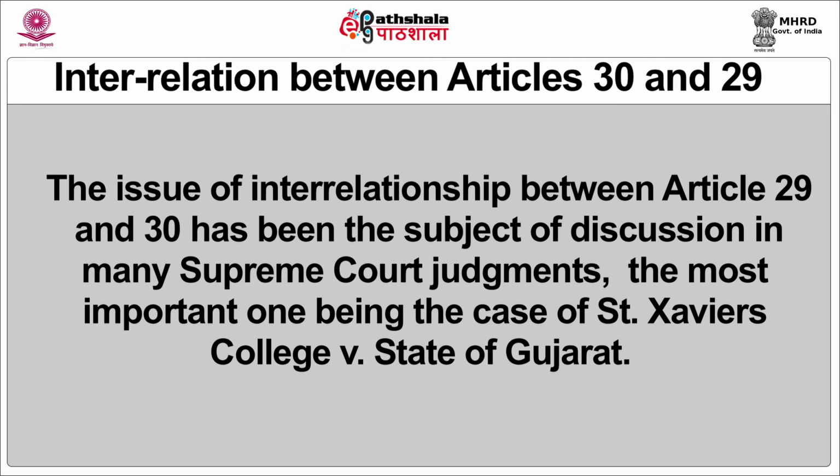The issue of the interrelationship between Articles 29 and 30 has been the subject of discussion in many Supreme Court judgments, the most important one being the case of St. Xavier's College versus State of Gujarat. On the interrelationship between Articles 30 and 29(1), the Court held that Article 30 covers institutions imparting general secular education.